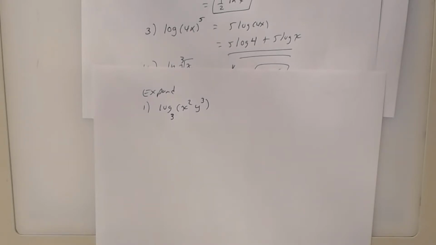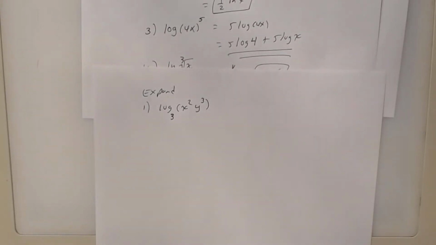Who said that ain't right? If you said that ain't right, you're correct, but tell me why. Because your bases are not the same. The only time you can add exponents is if the bases are the same. So you cannot add those exponents. Very good.